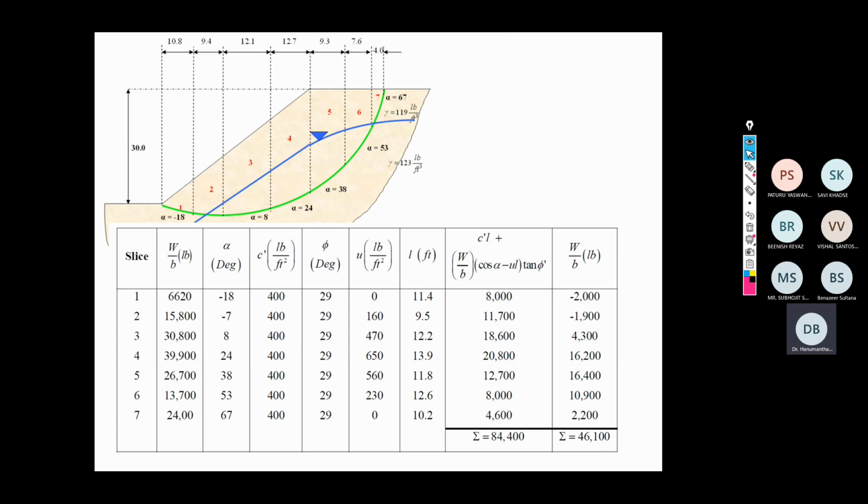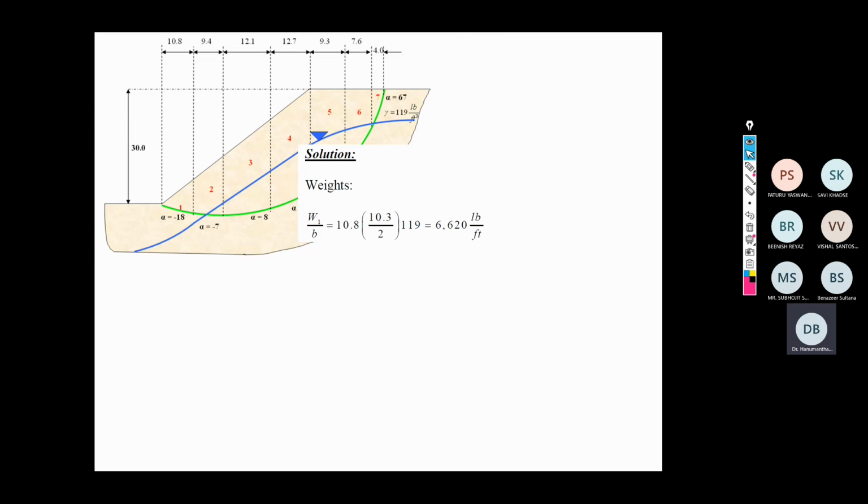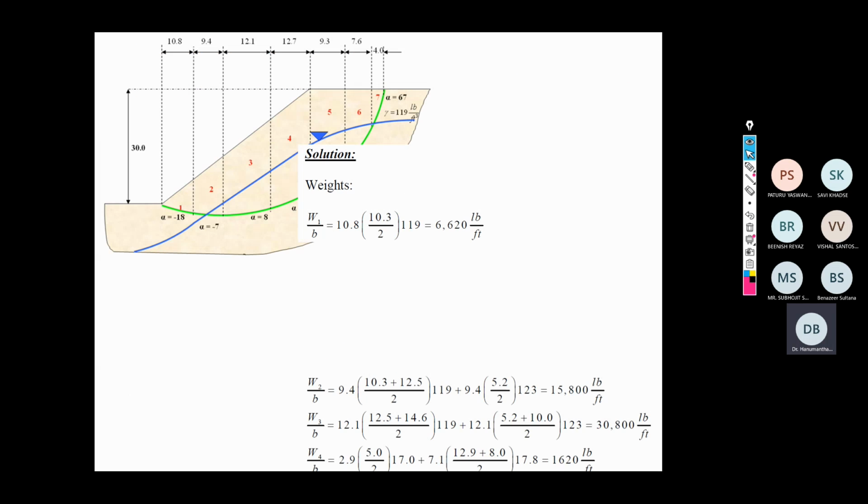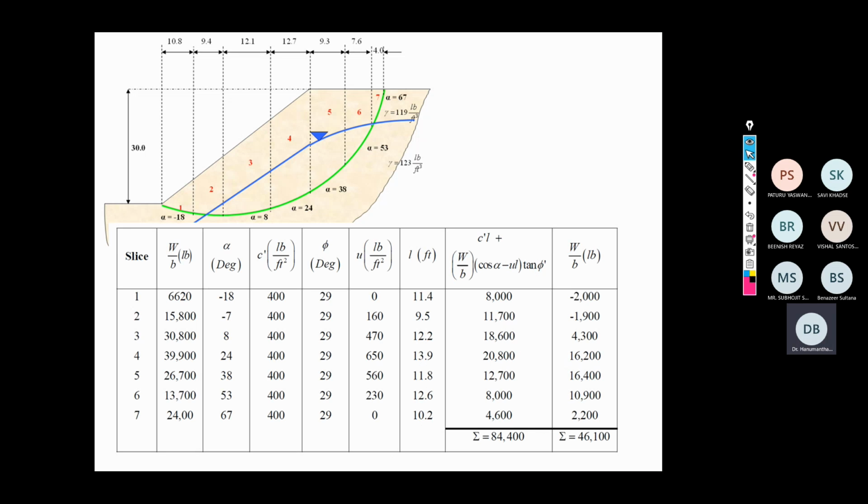See, sir, W cos alpha is multiplied with only W. Okay. In fact, this is a little wrong. So cos alpha should be multiplied with only the weight component. Yes, sir. So it is different in brackets, sir. Yeah, some typographical error.